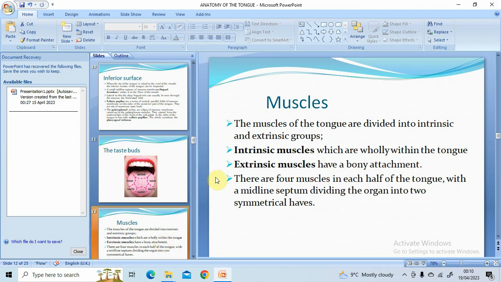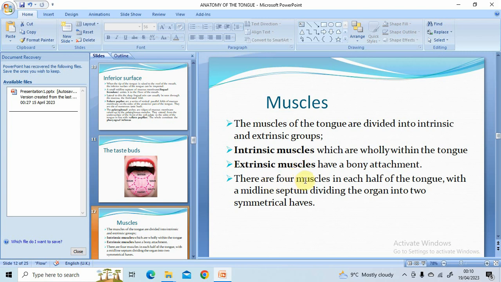The extrinsic muscles have a bony attachment. These muscles are attached to the hyoid bone and to other surrounding structures, the styloid process, the genial tubercle, and so on. They are responsible for movement of the tongue in the mouth.